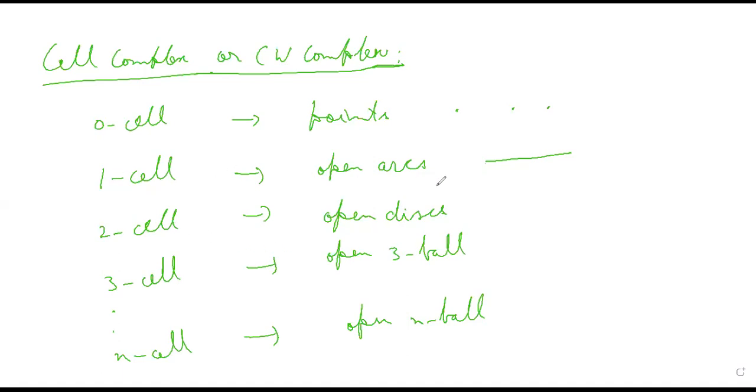One cell you can also say is an open one ball. Now these will be the building blocks. So we will glue these things to get a new space, and that new space will be called a cell complex or CW complex.